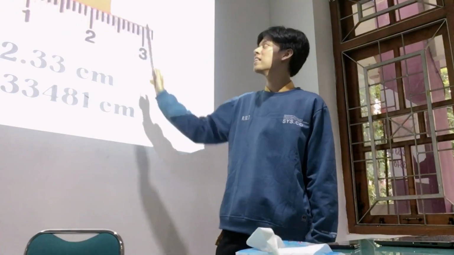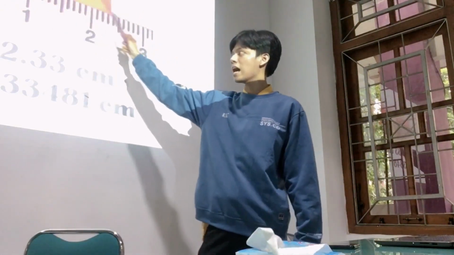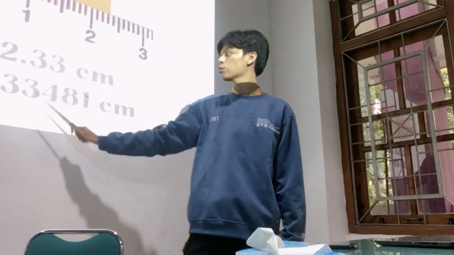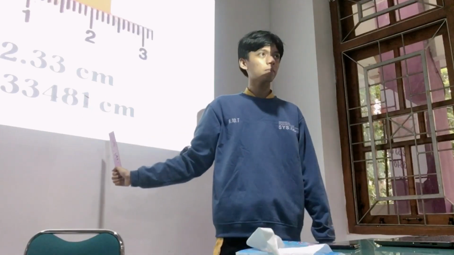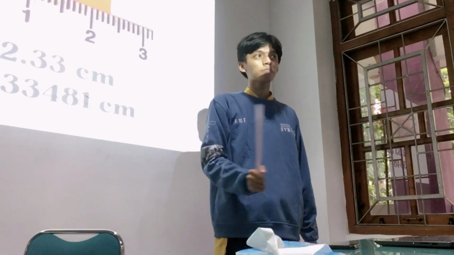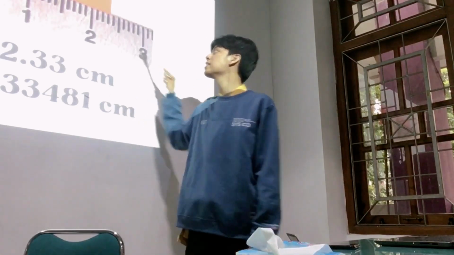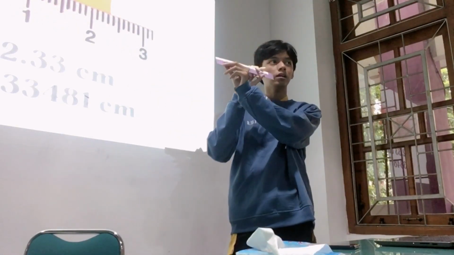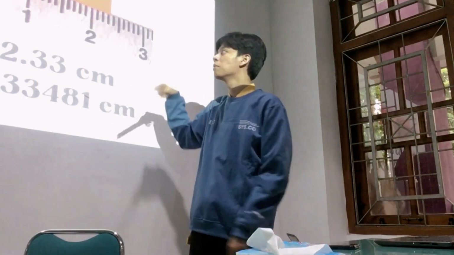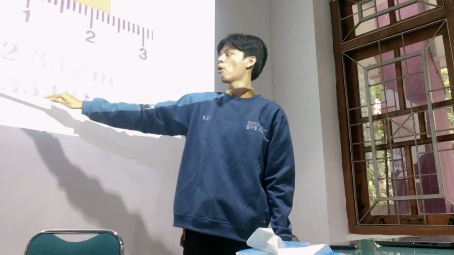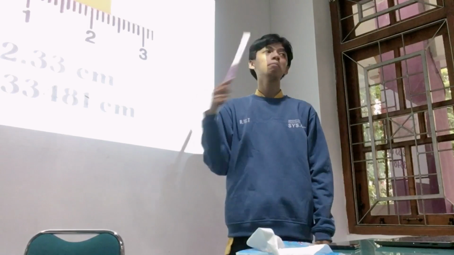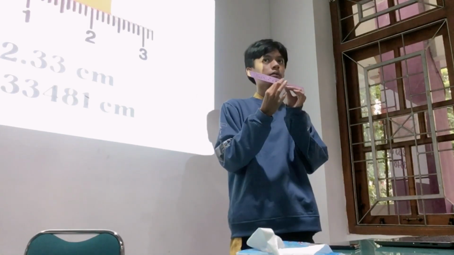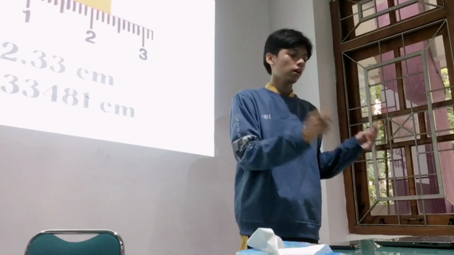Can we say that the length of this line is 2.33481 centimeters? No? That's correct, because this ruler can only measure 1 millimeter. So if you want to detail the measurement to 0.33481, that's impossible if we only use a ruler. Correct? Yes. Okay, next.